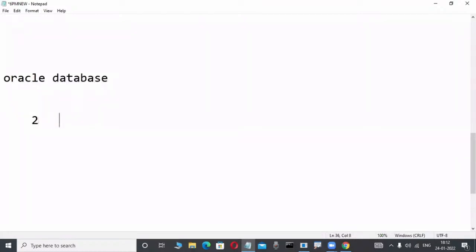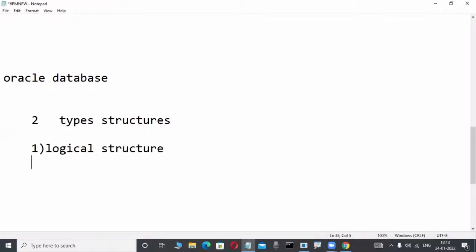One is the logical structure, another one is the physical structure. Physical structure, I'm telling. What is a logical structure?